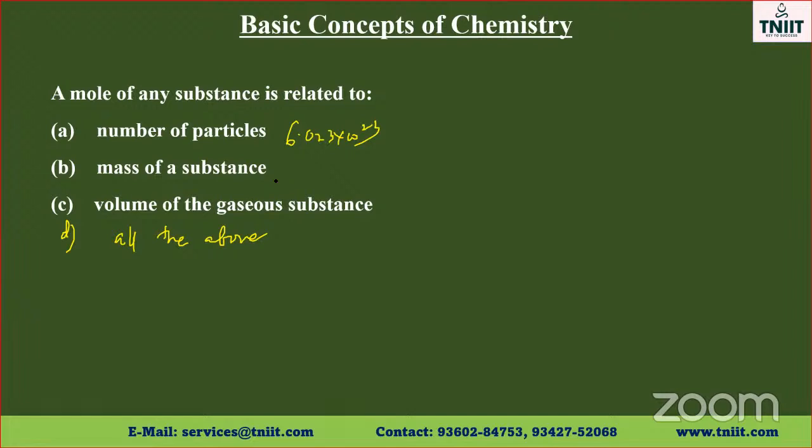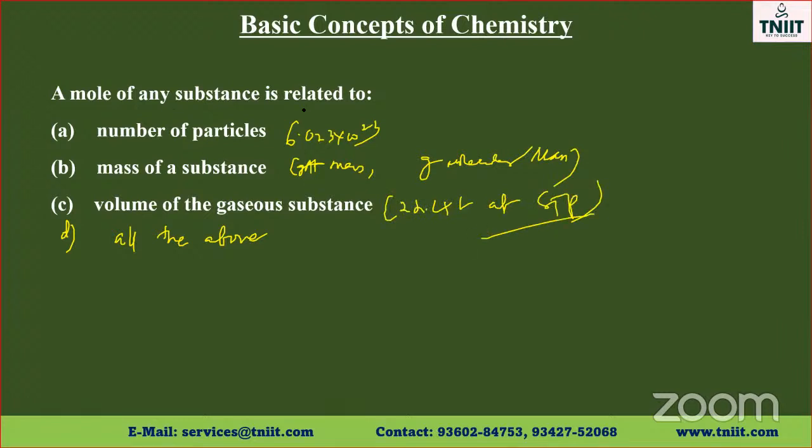It also corresponds to the molecular mass of the substance, atomic mass, gram atomic mass or gram molecular mass. And if it contains 22.4 liters at STP, this also is called 1 mole. So the answer should be all the above. I hope that you're following. Are you there? Yes, sir.